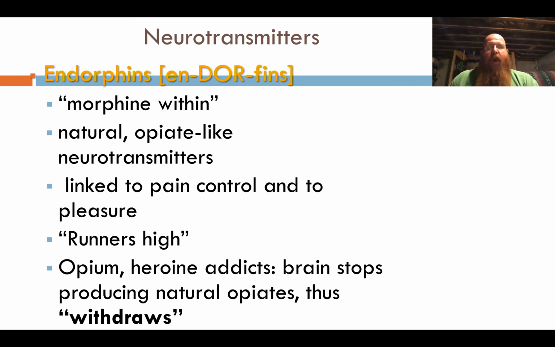But in opium or heroin addicts, heroin is an opiate. And this really happens with almost all drugs: when you start taking extra of something that the body produces, your body will, in order to get to a homeostasis, or a good level, stop producing that itself. So all our bodies naturally produce endorphins.